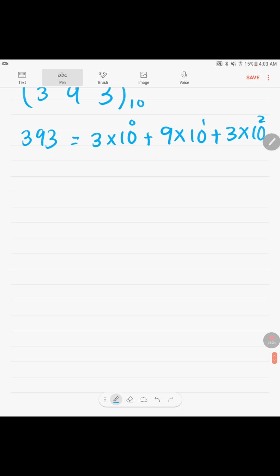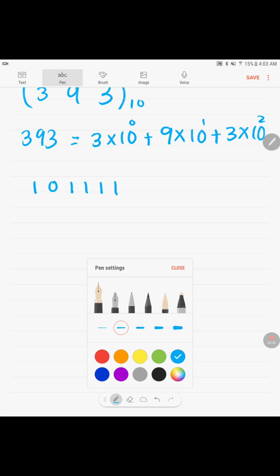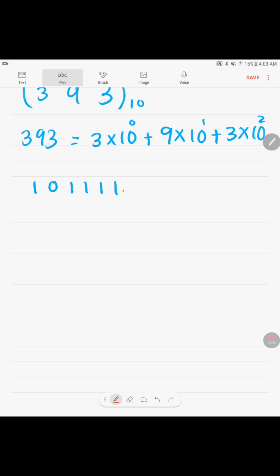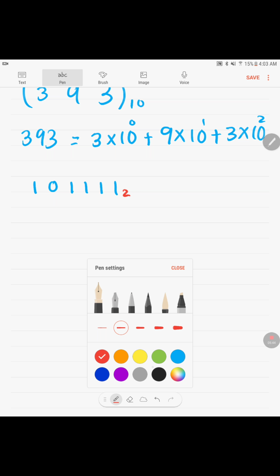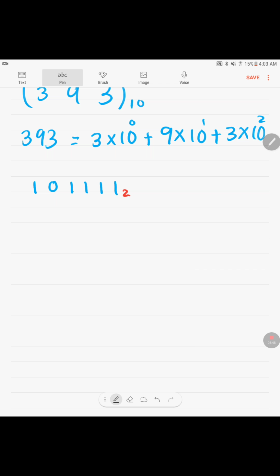Now if we take another number in base 2, 101111, that looks like an interesting number. That's base 2. Let's convert it into base 10. What would the number equal?